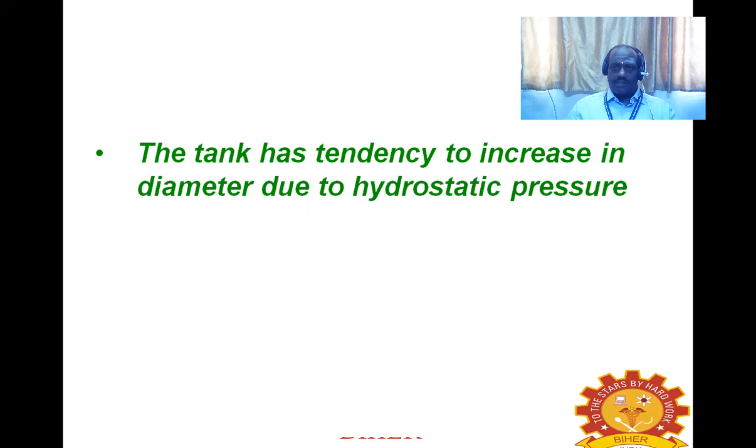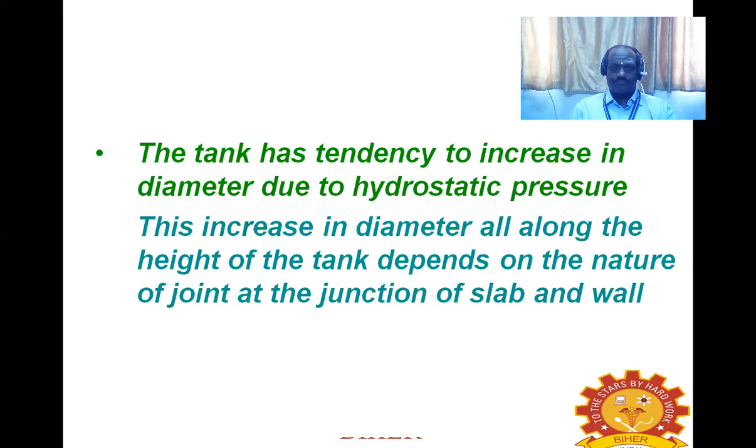What it means is, if it is circular, the liquid stored inside the tank will exert pressure on the wall of the circular tank. This hydrostatic pressure will have a tendency to push the wall. Because of that, there can be an increase in the dimension, or increase in the diameter, of the tank.